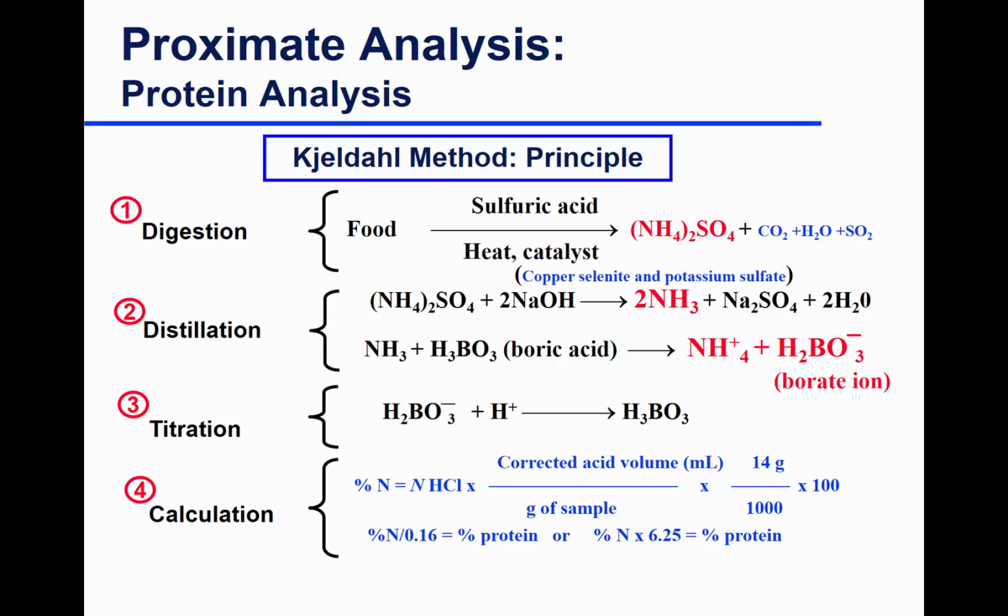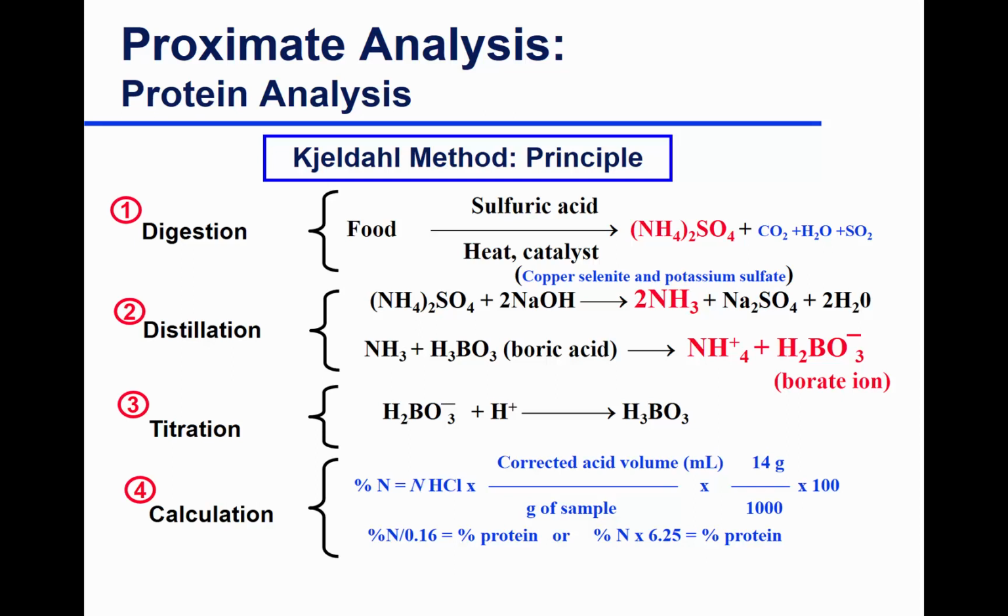So it involves your main steps: digestion, distillation, and titration. In distillation, you have a neutralization step embedded in distillation. So the first step of Kjeldahl is your food sample is digested with concentrated sulfuric acid.